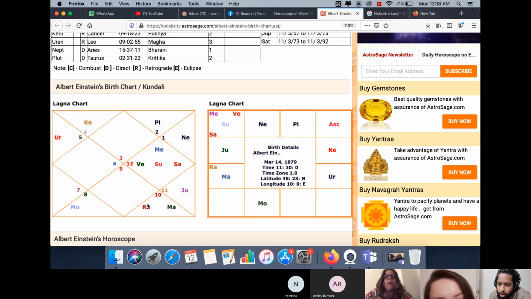Rahu rules the natural Aquarius sign. So wherever the natural Aquarius sign goes, Aquarius is going in the ninth house, so it will pick the signification of the ninth house and bring it into the eighth house.